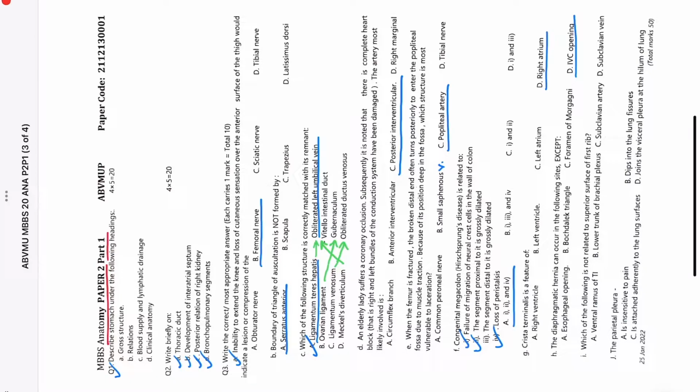Like C6 will emerge between C5 and C6, C7 will emerge between C6 and C7 vertebrae. But from T1 onwards, thoracic, lumbar, sacral, the spinal nerve emerges from below the numerically corresponding vertebrae.